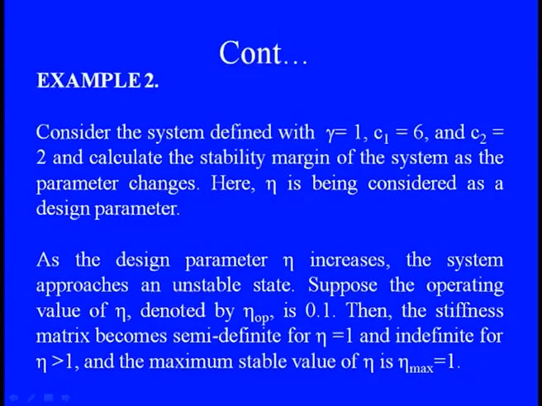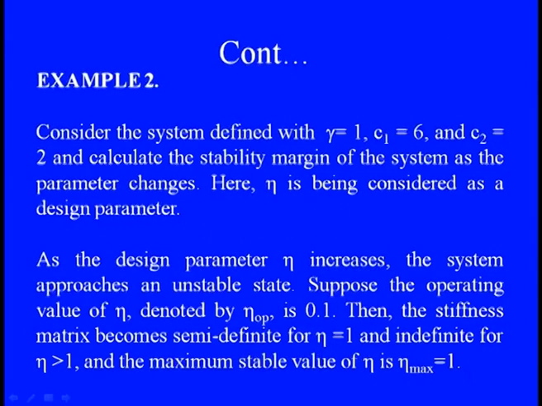Now we can take an example. Say we have a system with gamma equals 1, and C1 and C2, and we want to calculate the stability margin of the system as the parameter changes. We consider one design parameter, say neta. As neta increases, the system approaches an unstable feature.